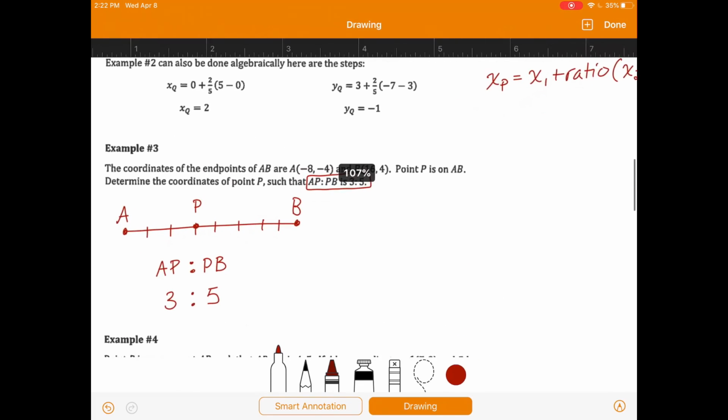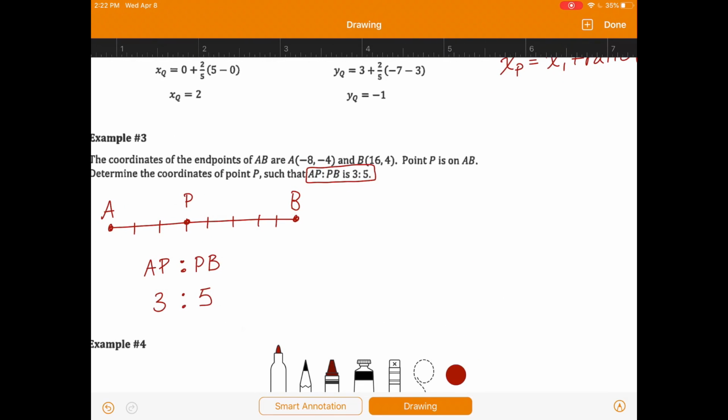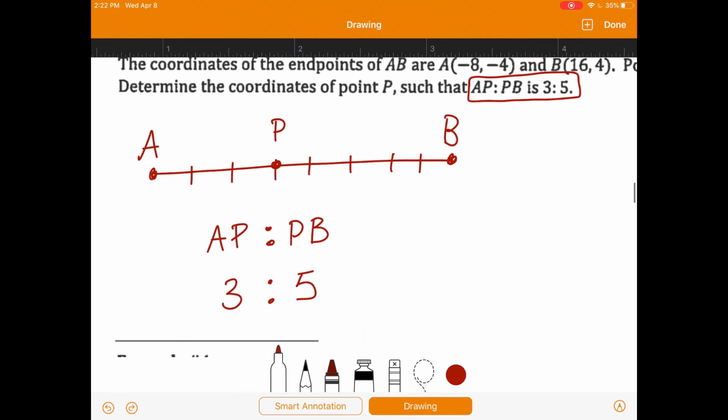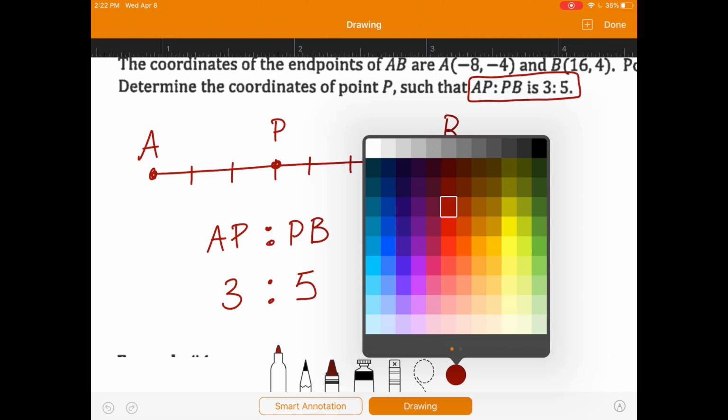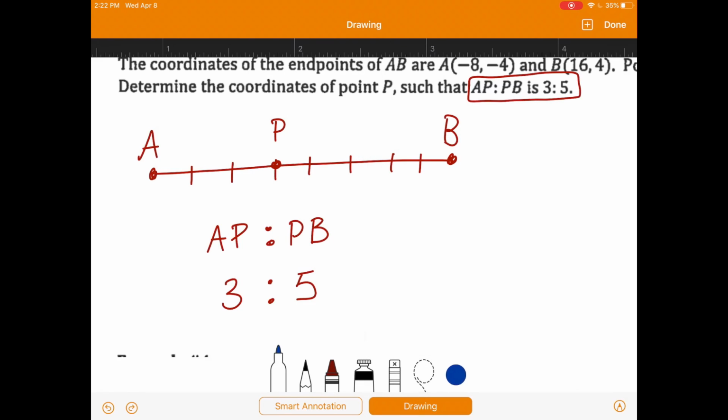In example 3 here, it says that our proportion is 3 to 5. So that means if you look at this, I'll switch up the colors so it's easier to see what I'm talking about. It says the distance of AP is this right here. That's 1, 2, 3 equal pieces.